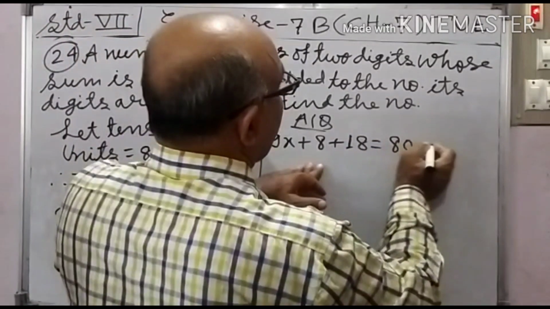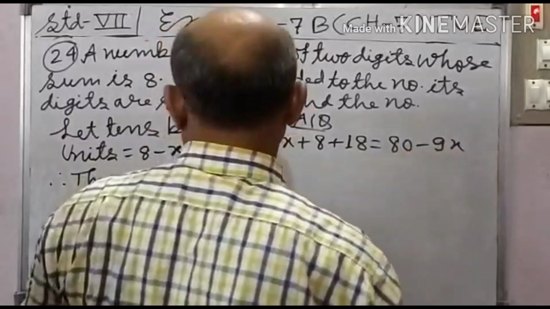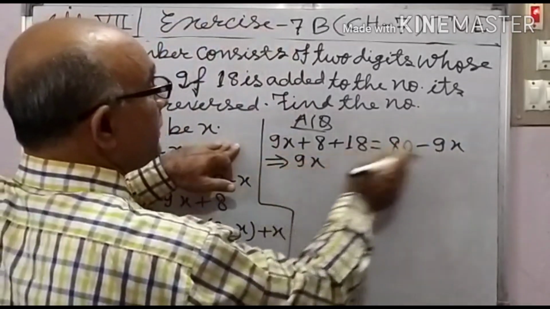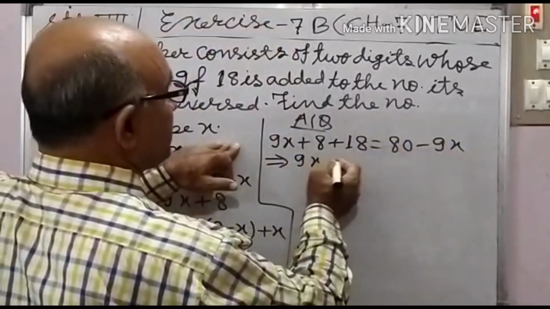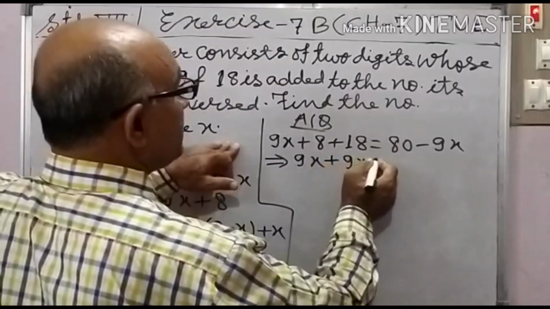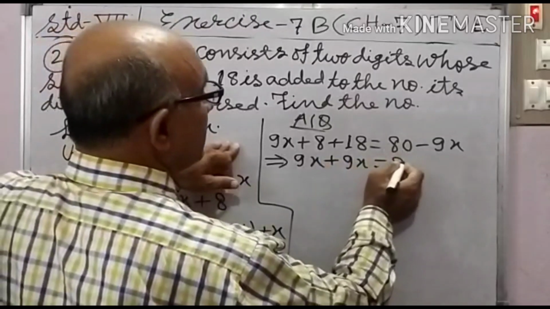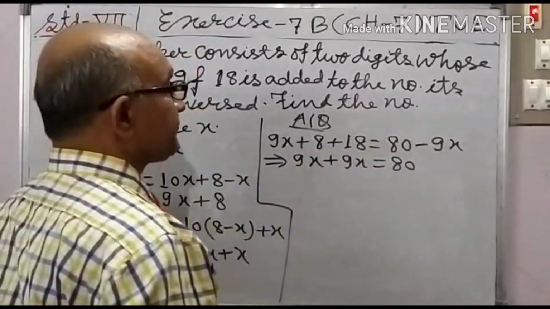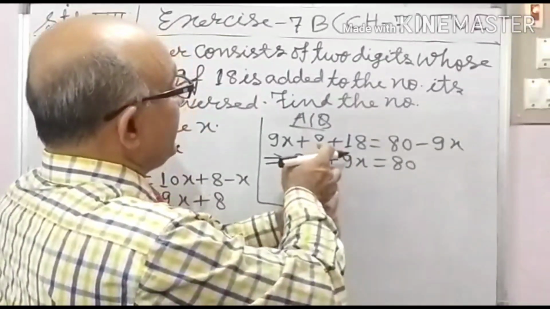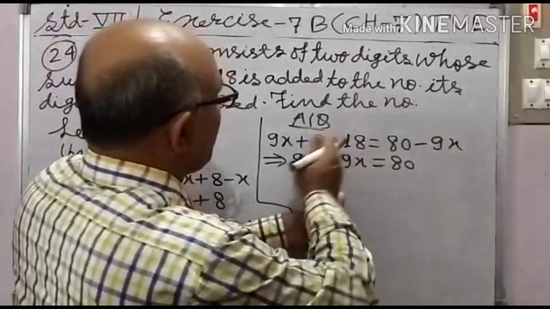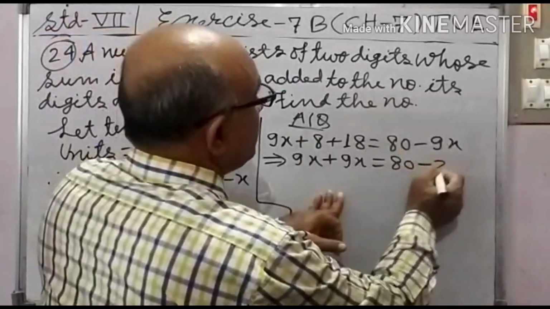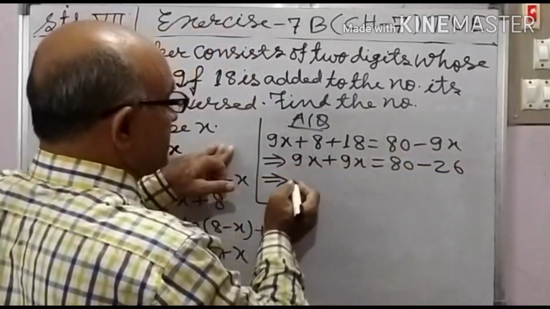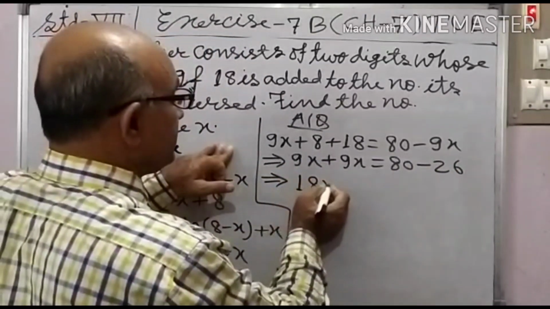So 9x plus 8 plus 18 equals 80 minus 9x. Solve this equation. By transposition, minus 9x changes into plus 9x. 8 plus 18 is 26, so plus 26 by transposition changes into minus 26. Now 9x plus 9x, 18x.